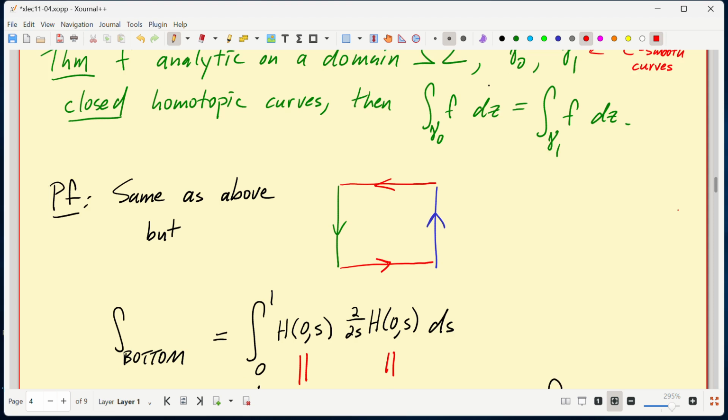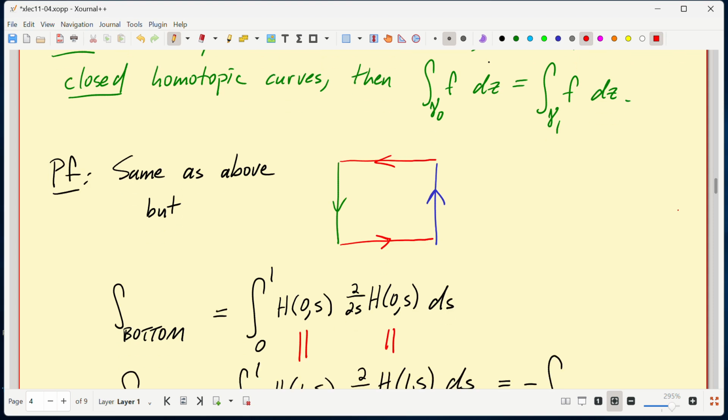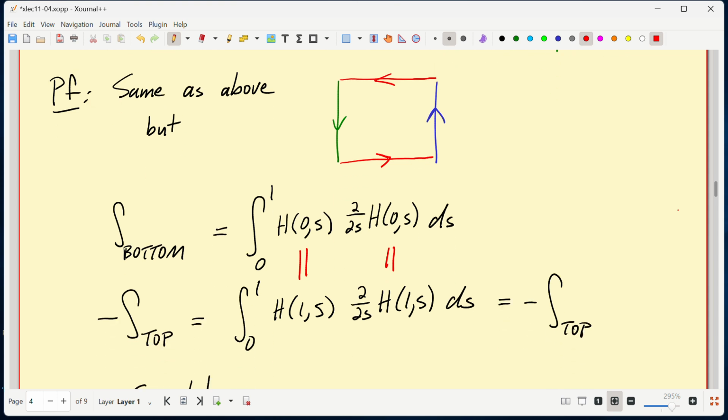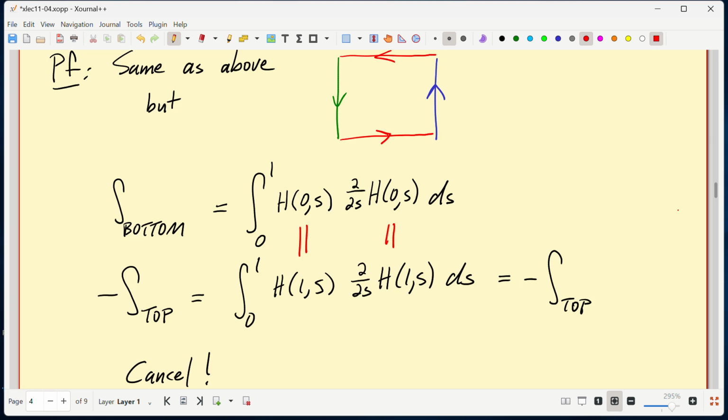I would replace my orange curves with piecewise linear and do the homotopy thing and get piecewise linear homotopy. But the difference is when I do the calculation in the end, the left and right side are the integrals that I'm interested in. But if you think about the bottom curve, it's parametrized in the s variable when t is equal to 0.